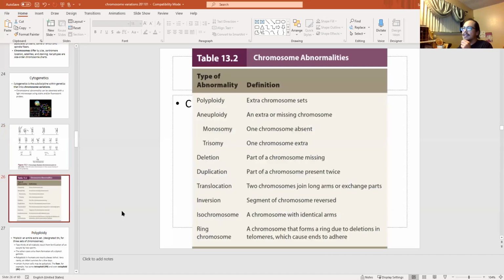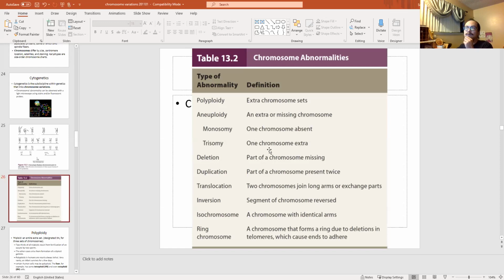Here is a list of the chromosome abnormalities. We talked about trisomy, and monosomy is not extra but absent chromosome. Typically people have 46 chromosomes.